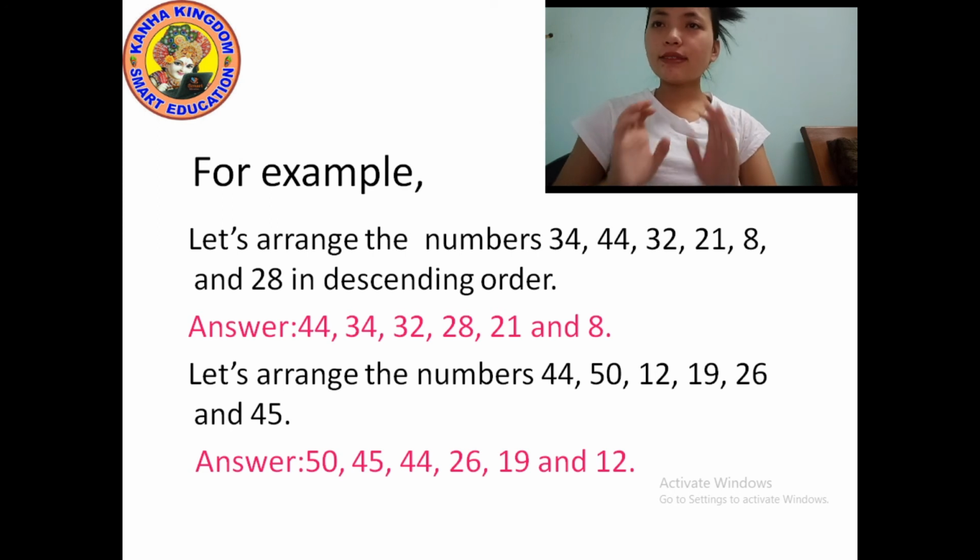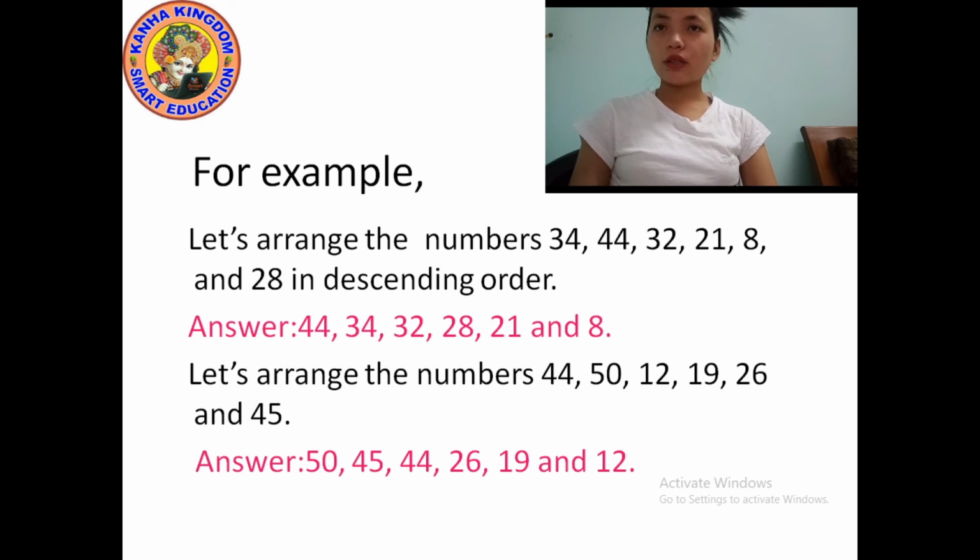I arranged the numbers 44, 50, 12, 19, 26 and 45 in descending order like this: 50, 45, 44, 26, 19 and 12. I arranged these numbers in descending order. The numbers 50, 45, 44, 26, 19 and 12 are in descending order.